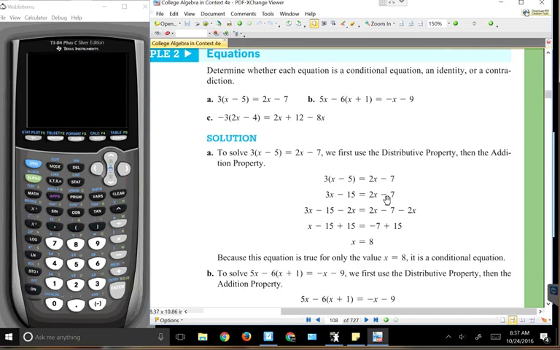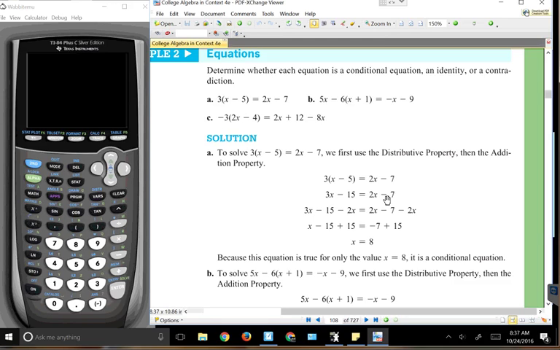depending upon your perspective and what you see, people will solve these things differently. Now, these are all pretty much cut and dried. You're going to do distributive property and move things back and forth. But sometimes there are issues, like say on A up there, if on the right-hand side, instead of it being 2x minus 7, it was say 18, then it would make life a lot easier to divide by 3 right away without doing the distributive property.